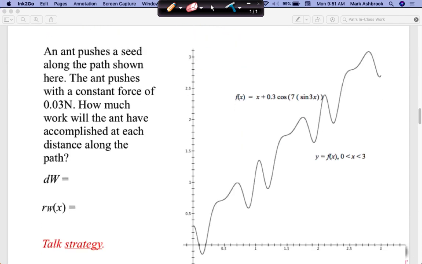Okay, so here is the setup. Like I said, we're going to put it in xy coordinates, and the path is this function. So this is the path function, the path of the ant. And the force is constant at 0.03.